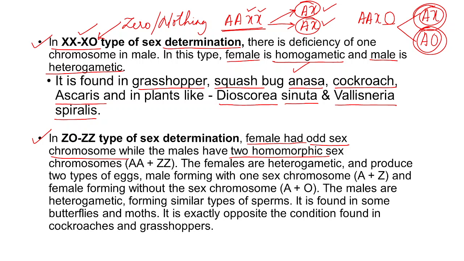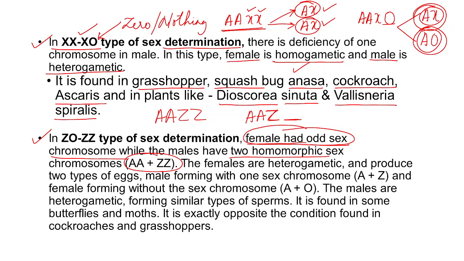That means in case of males, along with the autosomes, Z and Z will be there, but in case of females, along with the autosomes, only one Z will be there. So that itself is called what? The female has one odd sex chromosome. Odd sex chromosome means it has got only one sex chromosome, but along with this Z, there will be nothing in front. This type of sex determination is called as ZZ and ZO type of sex determination.